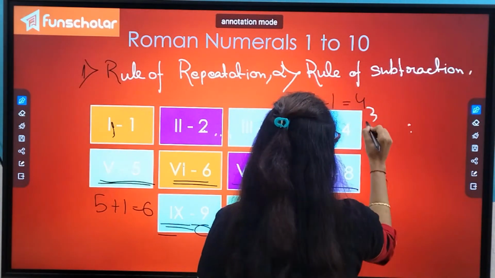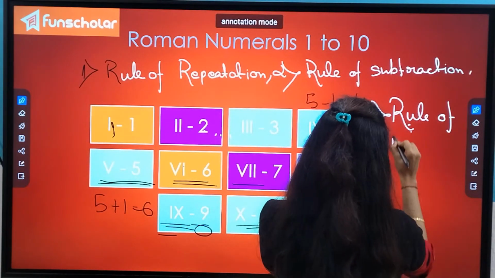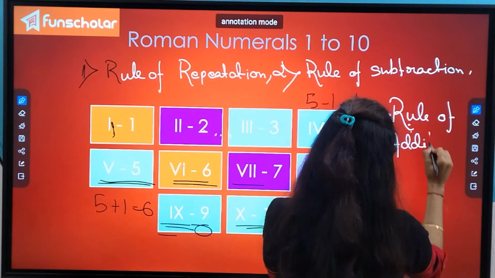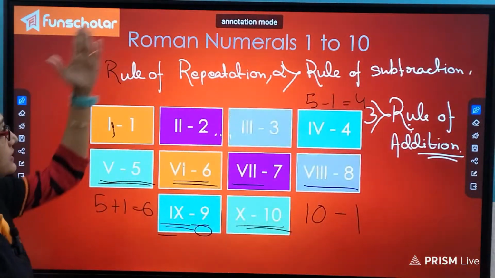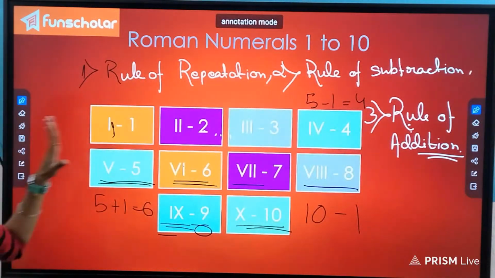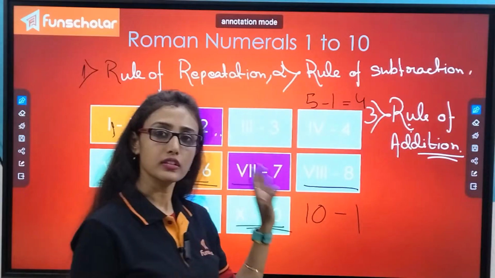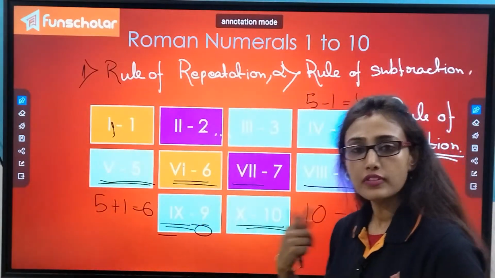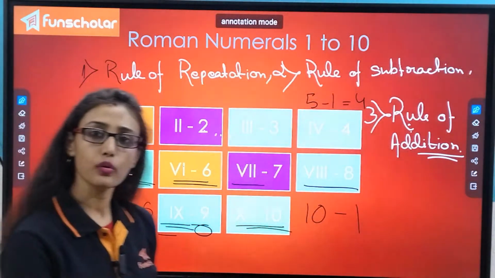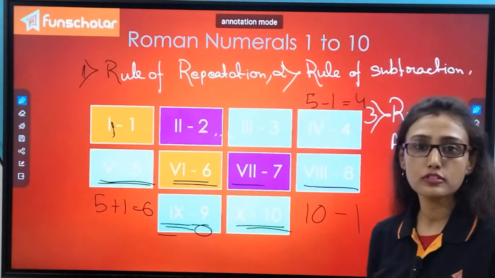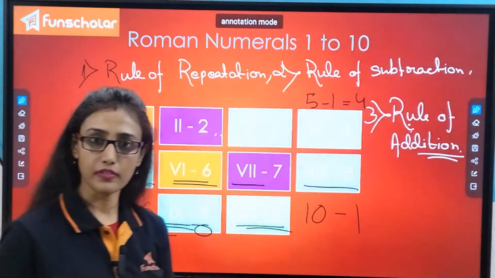And third is rule of addition. Understood? Within these three rules, you will be able to solve everything from 1 to 50, not only 50, up to 3999. Okay, so 50 plus you will learn in class 5. Okay, but if you want to know, you can go and watch my video on Roman numerals of class 5. Okay, but up to here, you have to know up to 50 only.